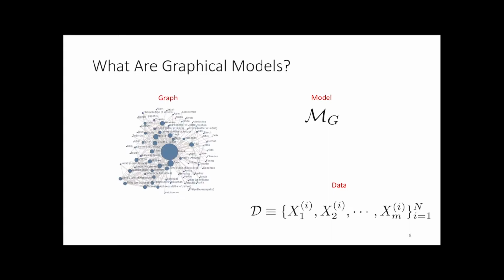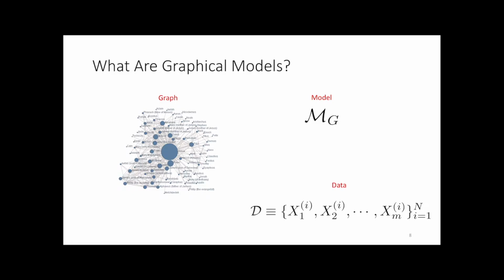So let's say that we want to model the relationship between a set of friends that John Baptiste has, and we want to see, for example, if John Baptiste sent a message, what would be the behavior of the other people in his population?